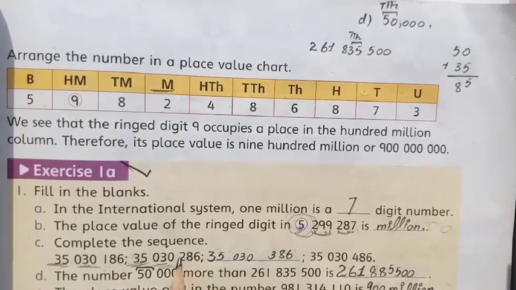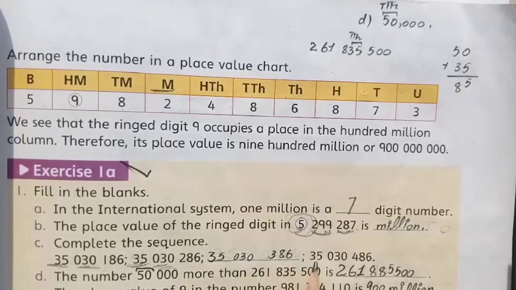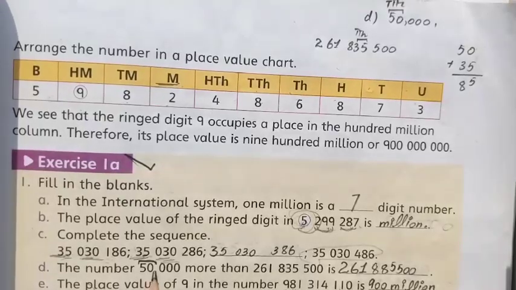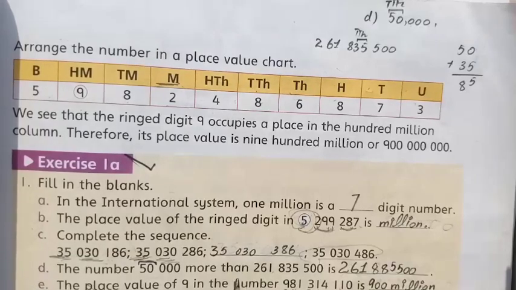So 286 plus 100 is 386, and this is also the same sequence. The number 50000 more than 261231500 is. So let's talk about this number, and we just add 50000 to this number.